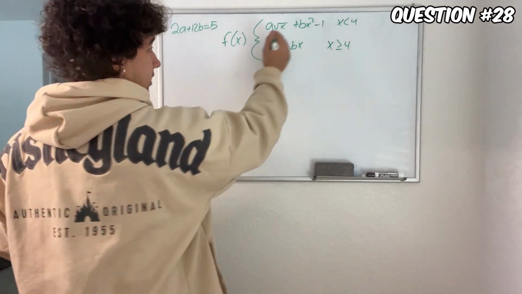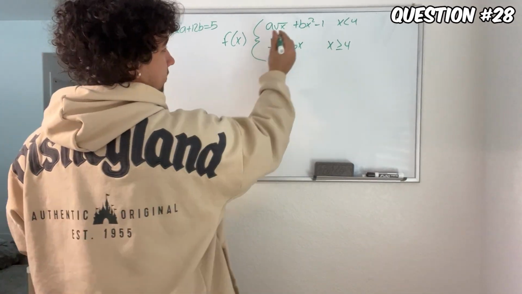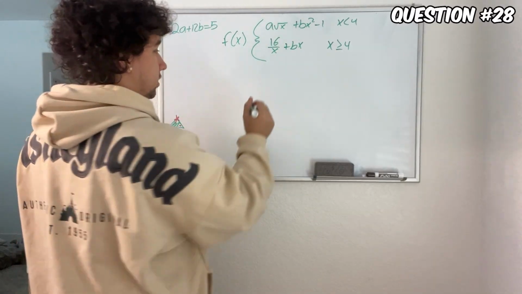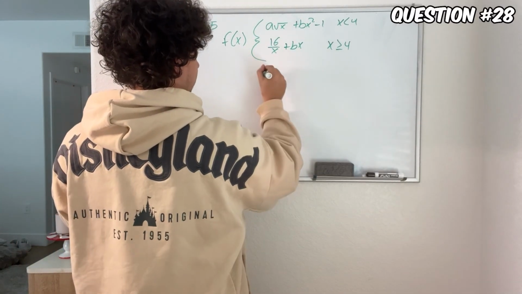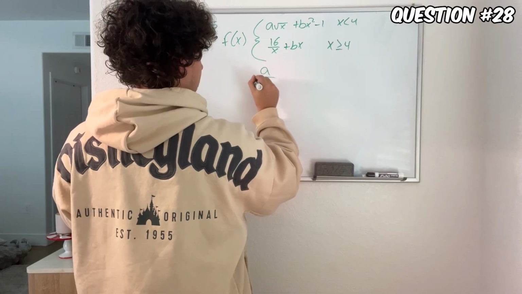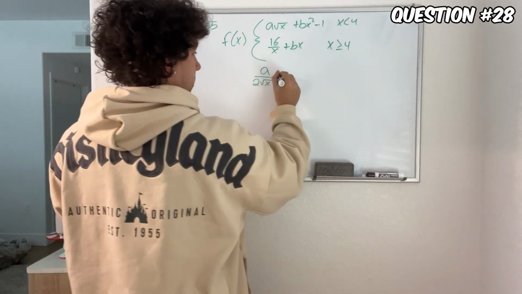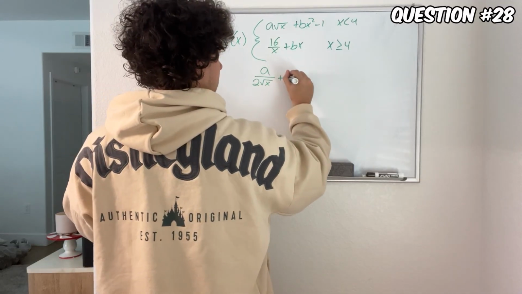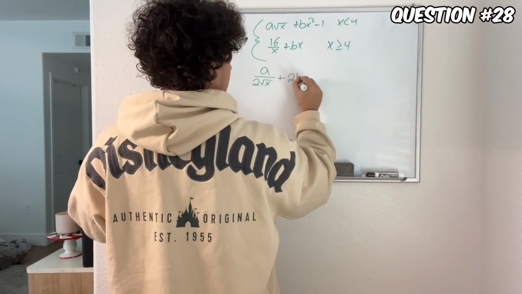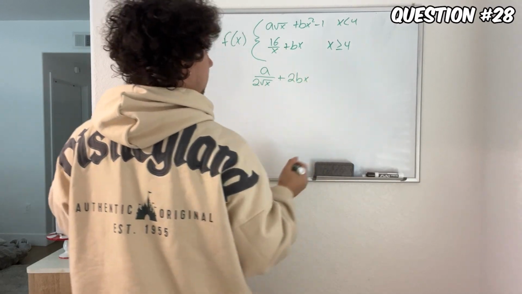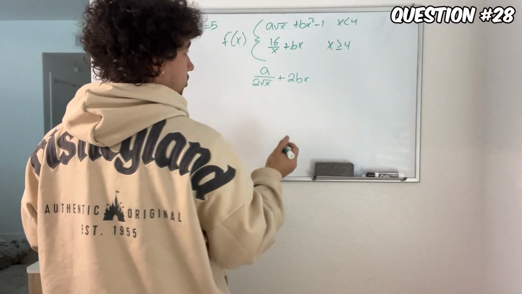So I'm going to take the derivative of the top. The derivative of a square root of x is just a over 2 square root x, plus the derivative of this is just 2bx. That's it. Bottom one, take the derivative of that.